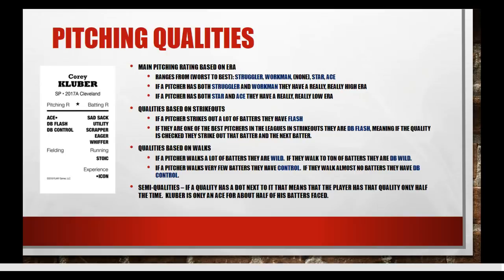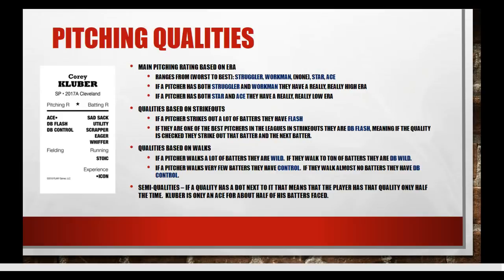If they're both struggler and workman, they have a really, really high ERA, a really bad pitcher. If they have both star and ace, they're a really lights out pitcher. They're really good. So it is possible to have both qualities or a combination of semi of this, semi of that, or maybe semi of one, semi of the other. They come in all weird different combinations, and they all mean different ERAs essentially.